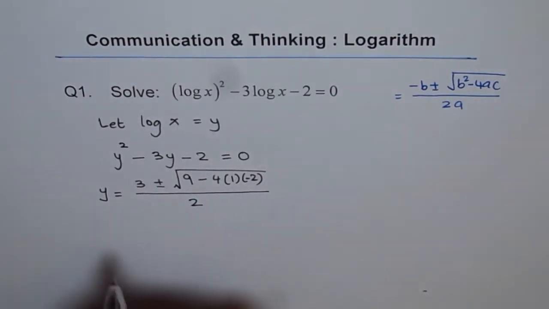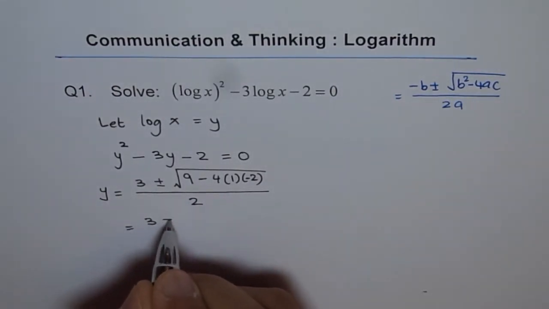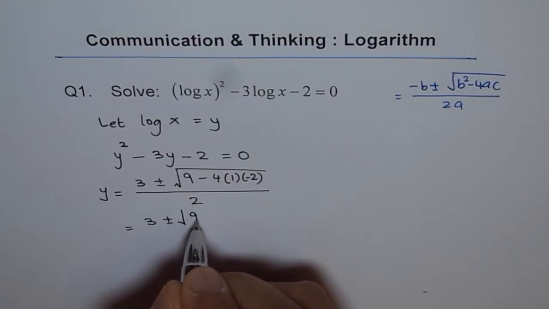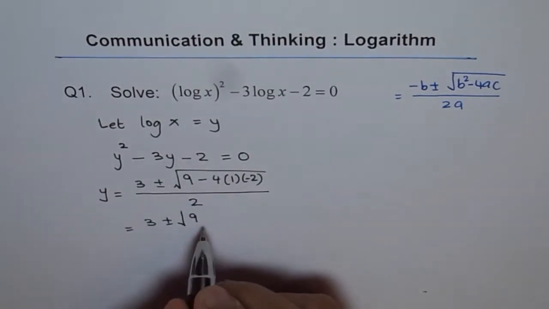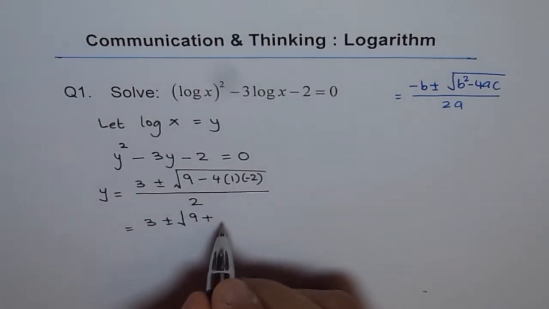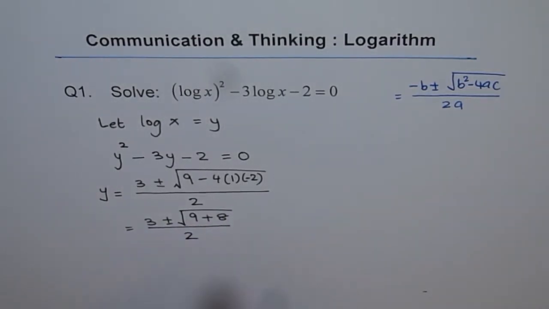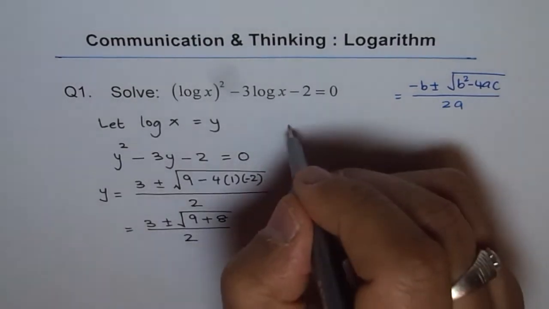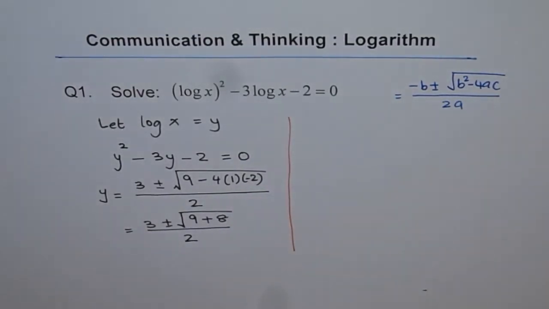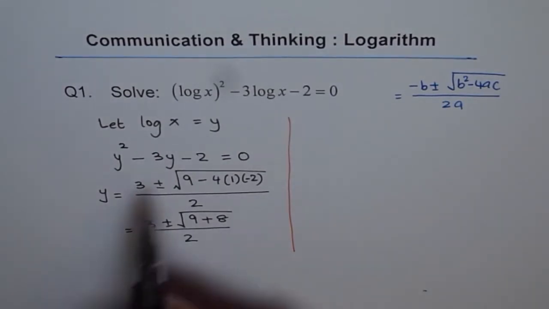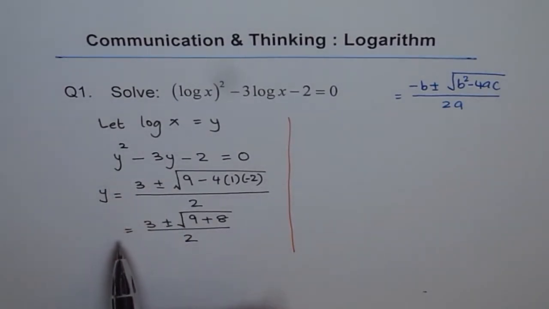Now that gives us 3 plus or minus square root of 9, and minus makes it plus, 9 plus 8, over 2. Now we can always use a calculator to find this answer, and then check for extraneous roots. Whenever you do square root or things like that, there is a possibility of getting answers which are not valid for your question. So let's look into this.